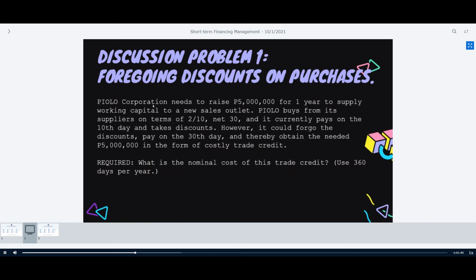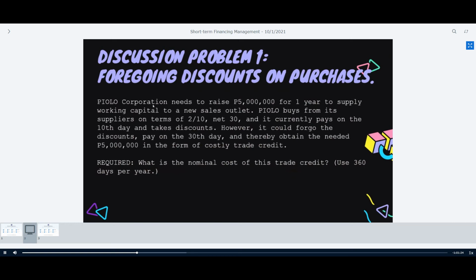So within 10 days. So may option tayo na hindi magbayad, pero how much would be the cost of it, no? So ano ba yung cost of foregoing the discounts on purchases, no? So pag-usapan natin 'yan.